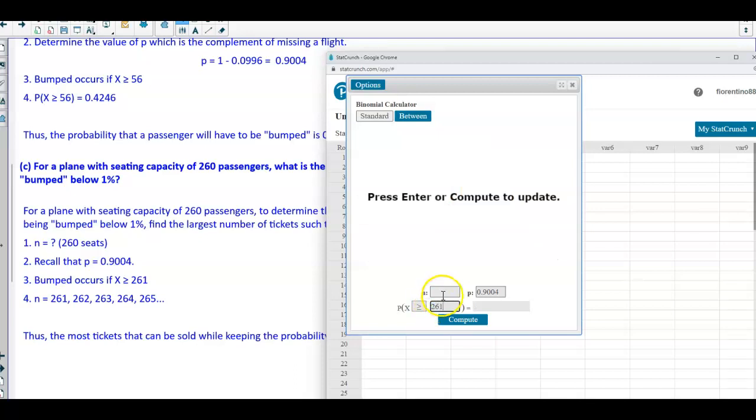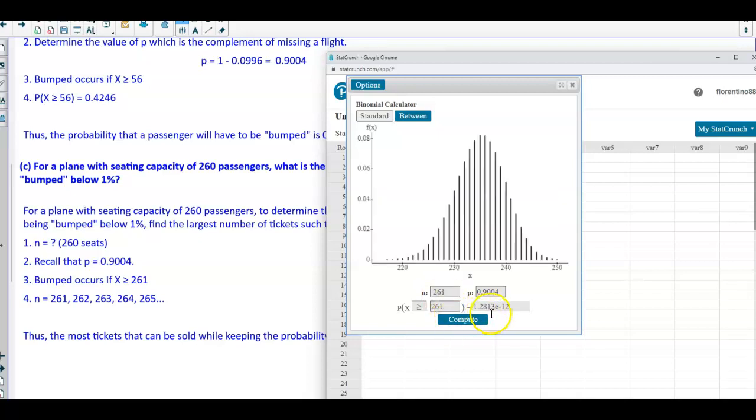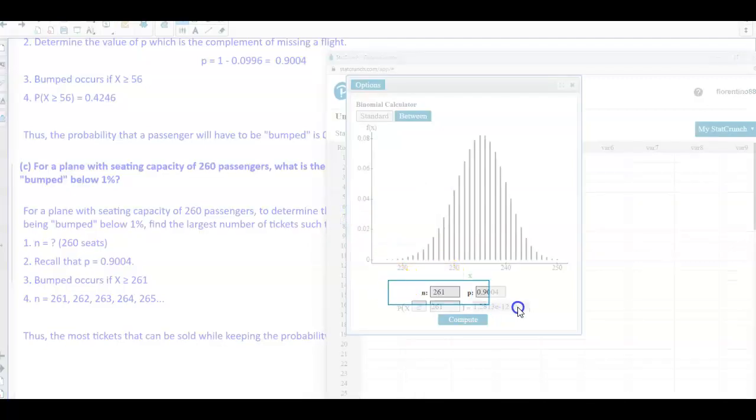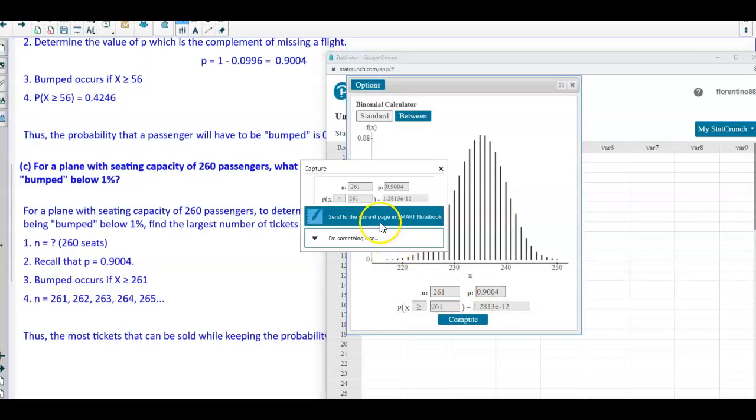If we put in 261 up here, you can see that this is 1.2813 times 10 to the negative 12, which is technically 0.0000. Now let me show you this on our page here.